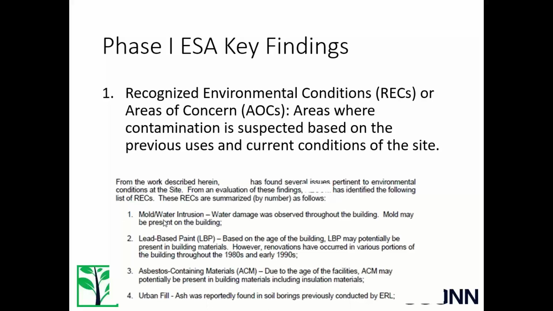I have here an example from a previous report with a list of those recognized environmental conditions. They say, for example, mold, water intrusion, water damage throughout the building, lead-based paint in those areas of the building, or asbestos-containing materials, and so on. So they identify areas where we suspect contamination. We don't know that yet. That is based on the previous uses and the site reconnaissance.